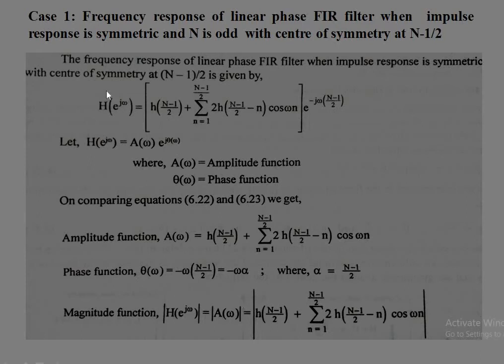However, I would like you to prove this, how we are able to derive this H of e power j omega in this case, for case 1, and for the rest of the cases the readers are encouraged to solve and check whether the results are the same. So I have done the proof for you on the coming slides. Let us go through this proof.